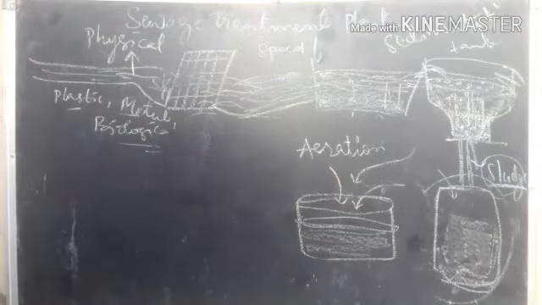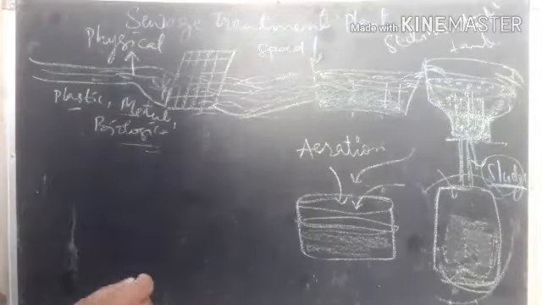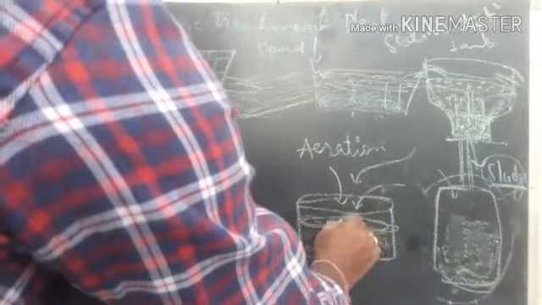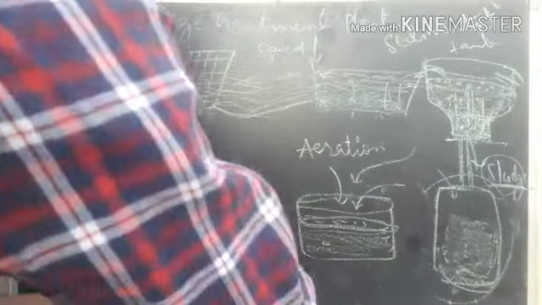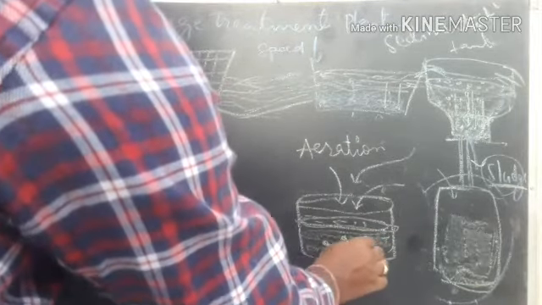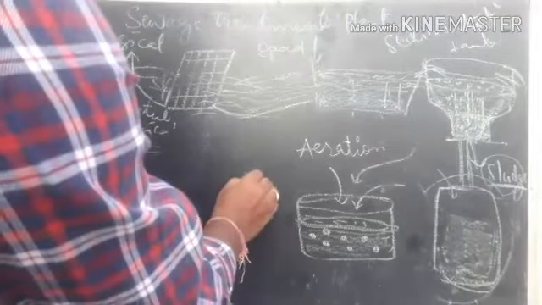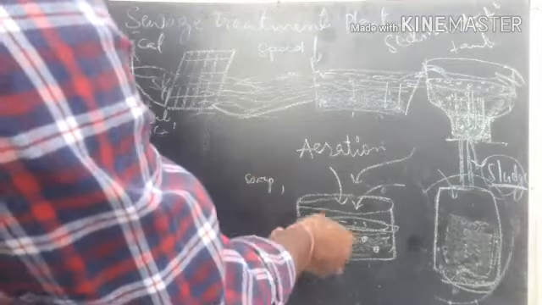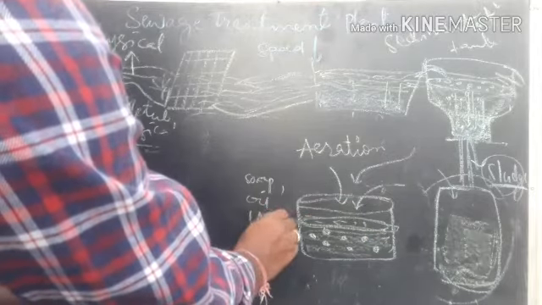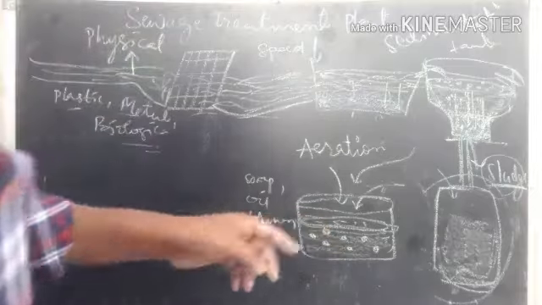Why is it called the aeration tank? Because we allow air bubbles to enter it, so that oxygen dissolves in the water. When oxygen dissolves in the water, the aerobic bacteria present here get activated, and the organic wastes like remains of soap, oils, and human excreta can all be eaten up by the aerobic bacteria.